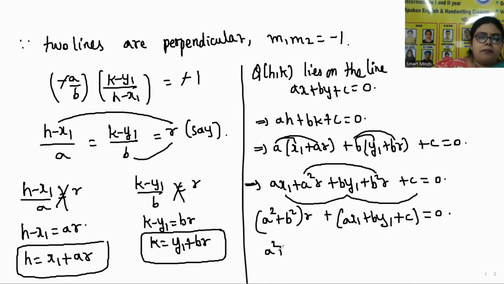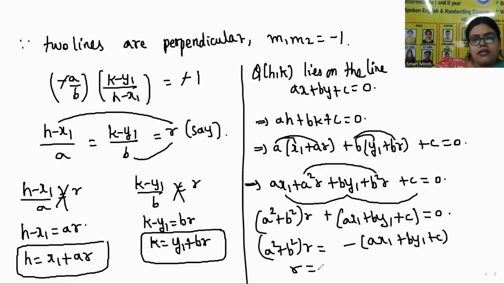So a square plus b square into r is equal to minus of ax1 plus by1 plus c. So r is equal to minus of ax1 plus by1 plus c by a square plus b square. Now let's say this is equation number 1.